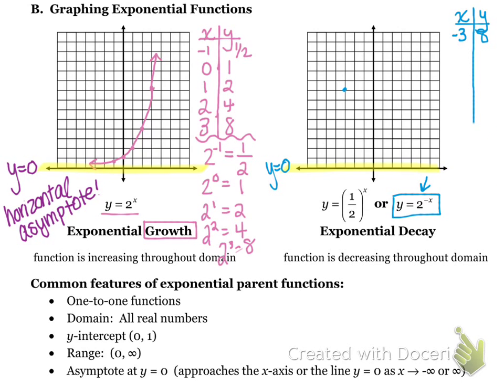Okay, let's now choose -2. So that would be 2 to the -2, which would be 2 to the 2, which is 4. So at -2, we have the coordinate point -2, 4.